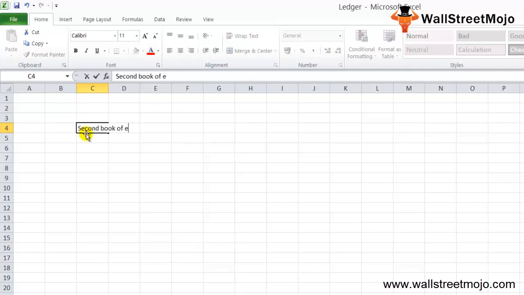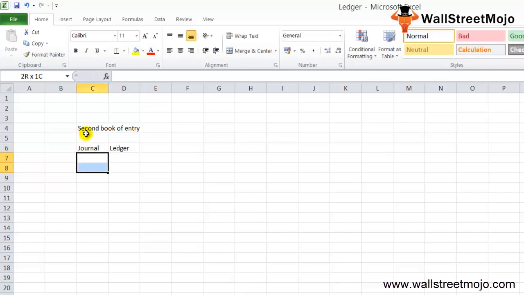It's called the second book of entry because after recording the entry in the journal, it is recorded in the ledger. So the journal is the first and foremost thing, and then comes the ledger, because all the entries recorded in the journal are recorded in the T format of the ledger account.